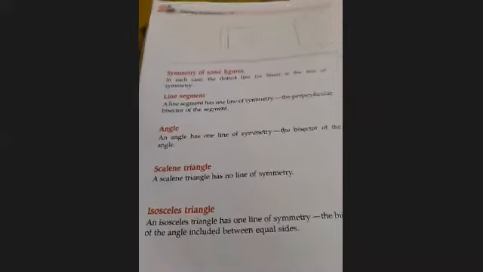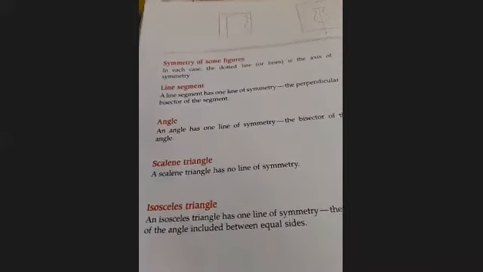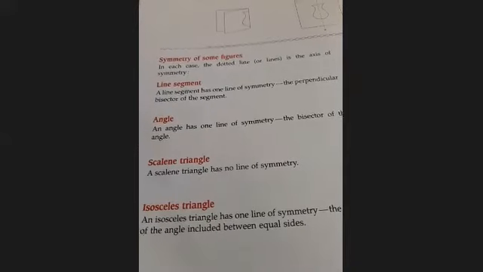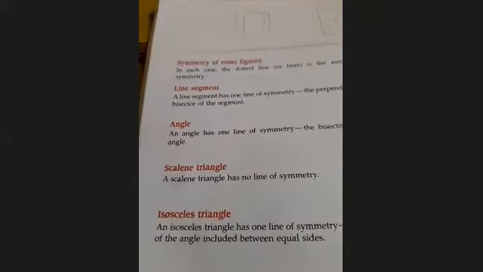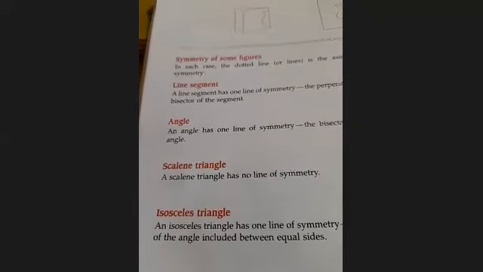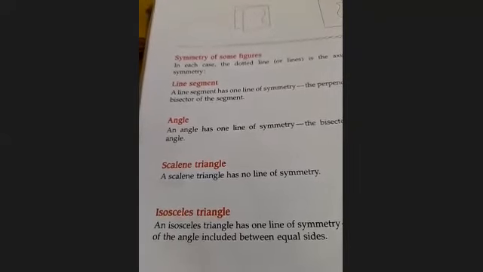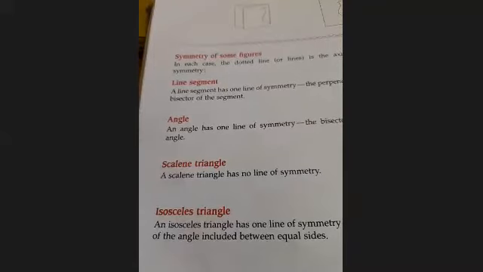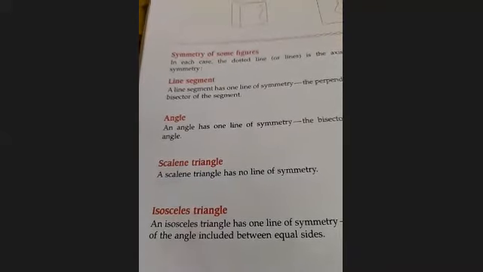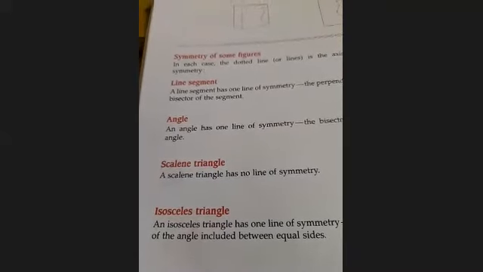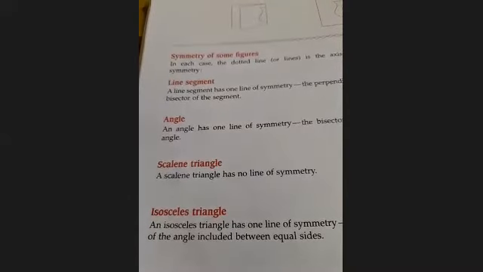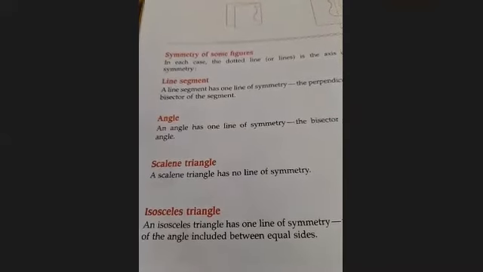Next is the isosceles triangle. An isosceles triangle has one line of symmetry. Yes, students, as you know, in an isosceles triangle, two sides are equal in length. So an isosceles triangle has only one line of symmetry.